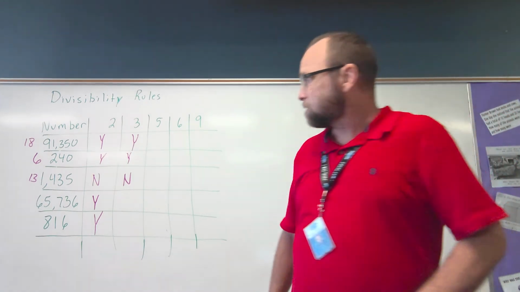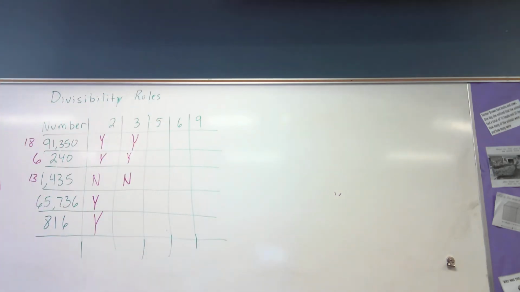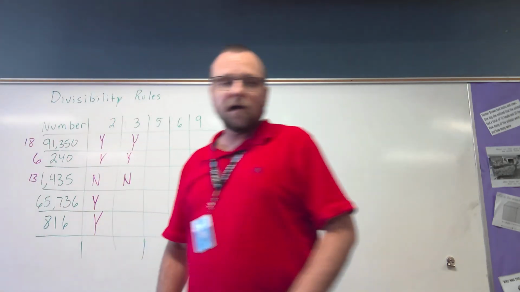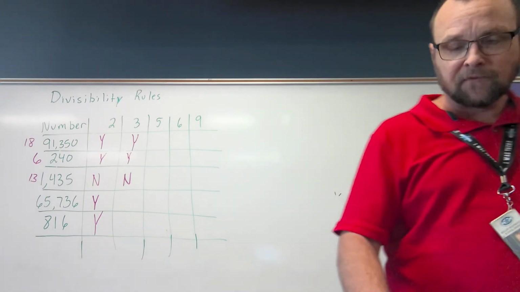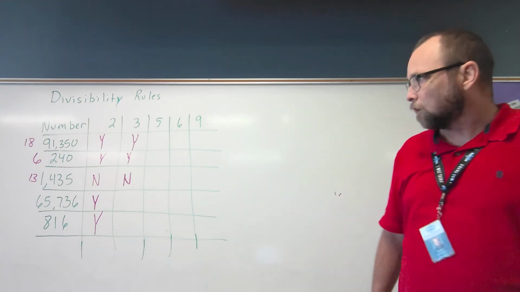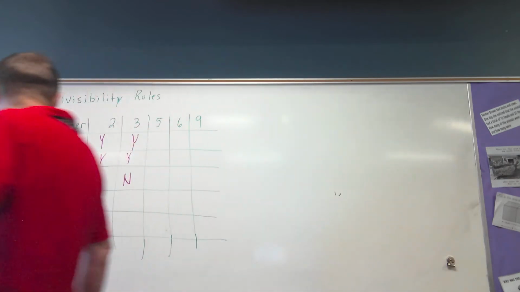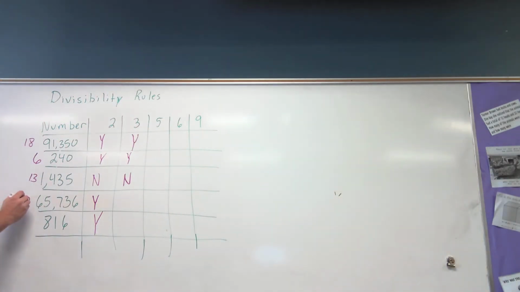I need the sum of the digits in 65,736. Brooke. It's 27. Brooke, does 3 go into 27 evenly? Yes. So that means 3 will divide evenly into 65,736.